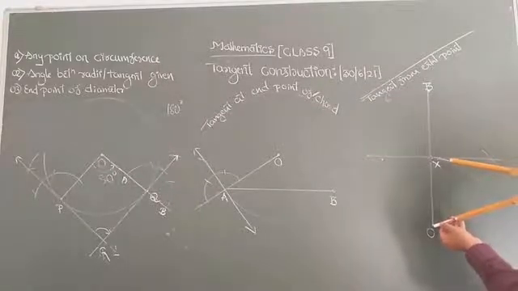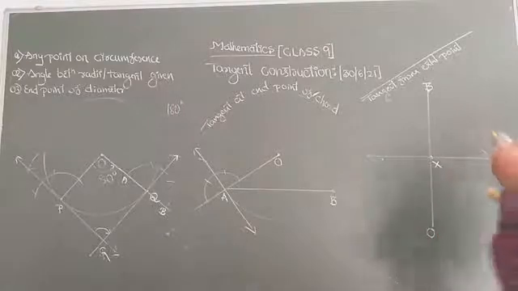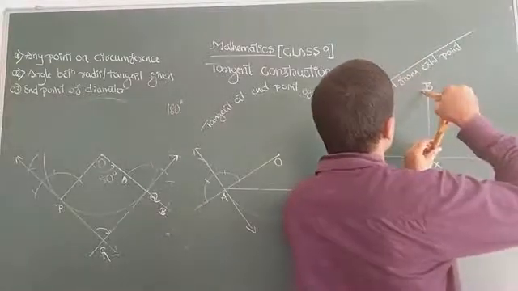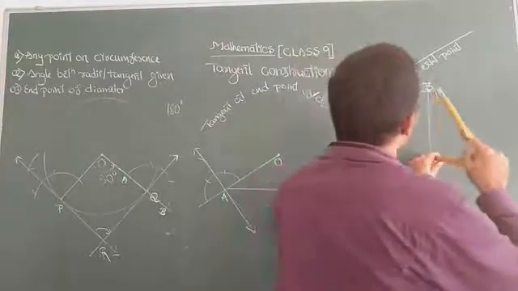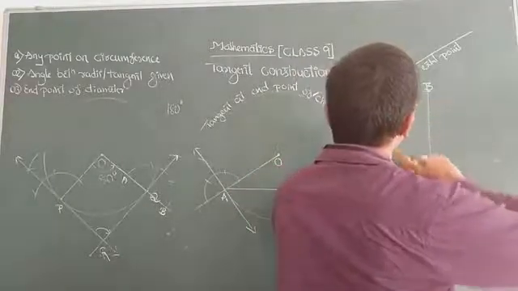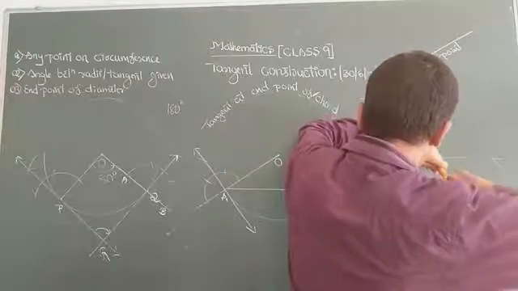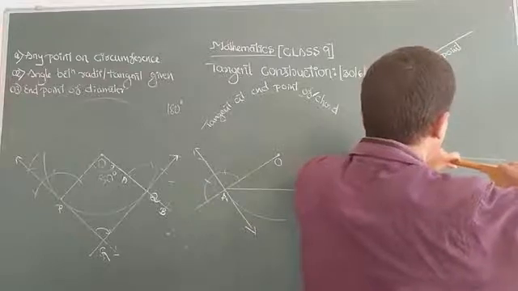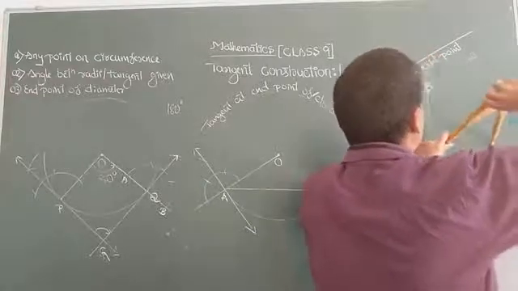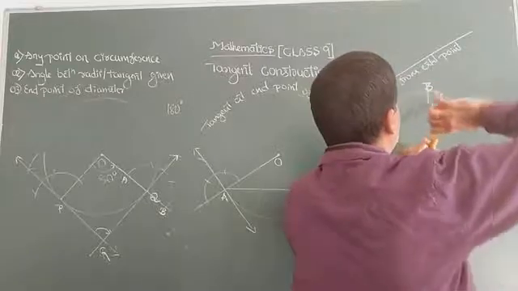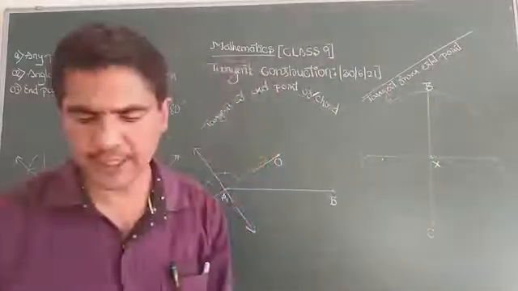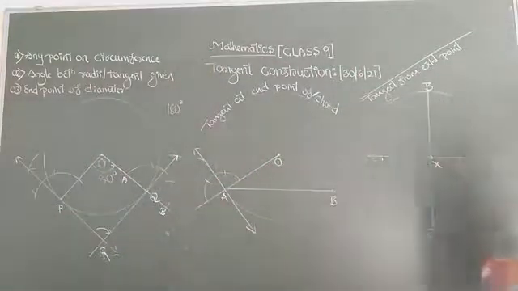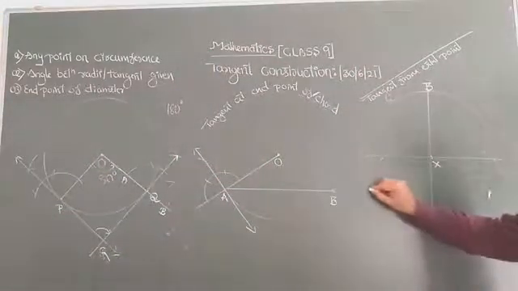XO and XB will be equal. Now by taking X as the center, construct a circle. Now I'll get 2 meeting points, or the points where 2 circles intersect each other.